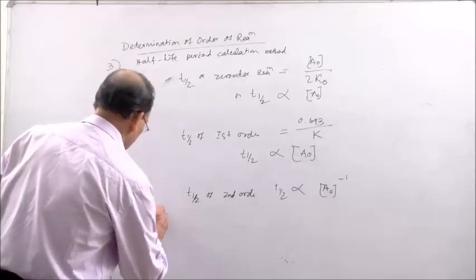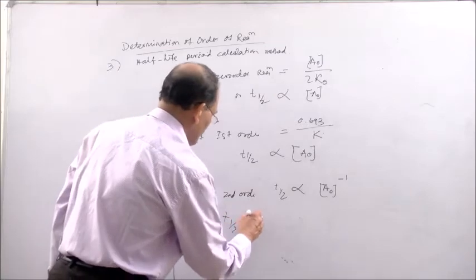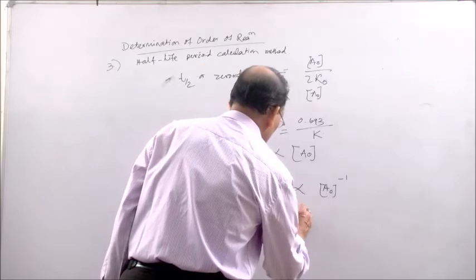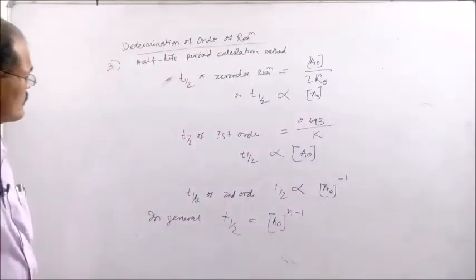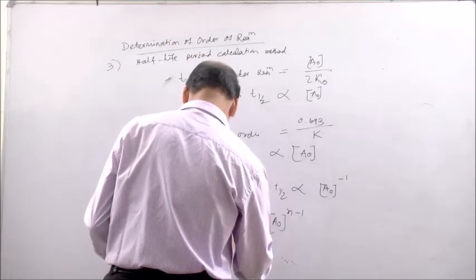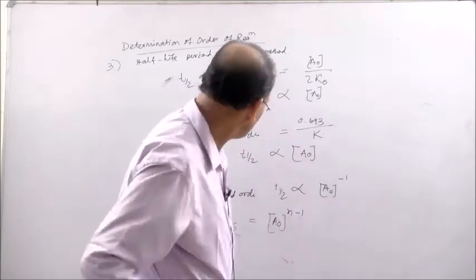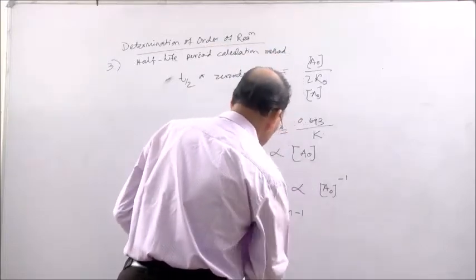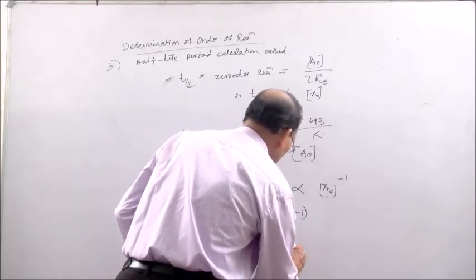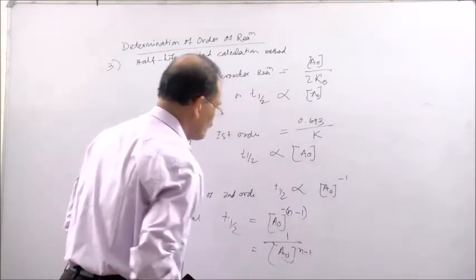So in general, the half-life period of nth order depends on initial concentration to the power n minus 1, that is 1 upon A0 to the power n minus 1.